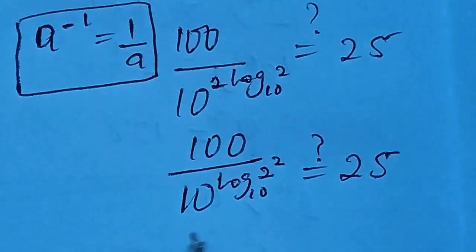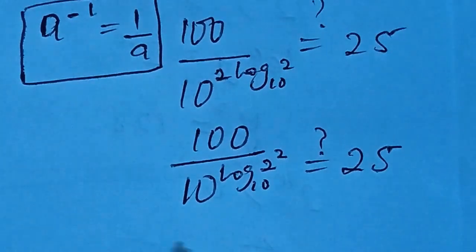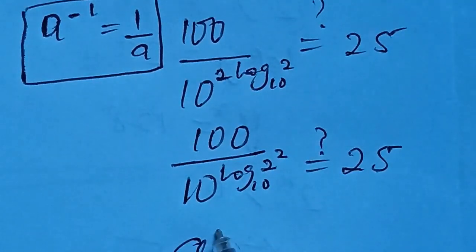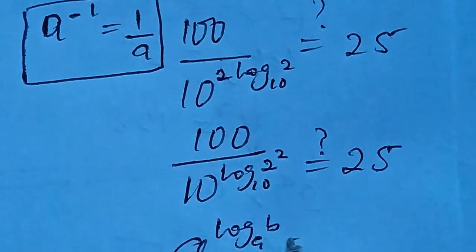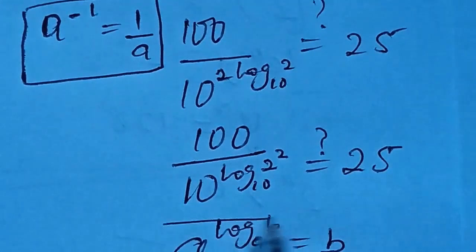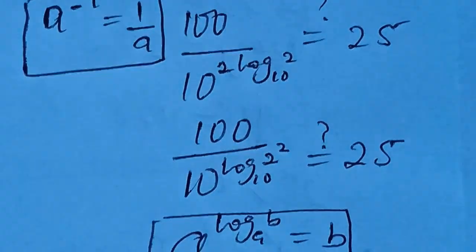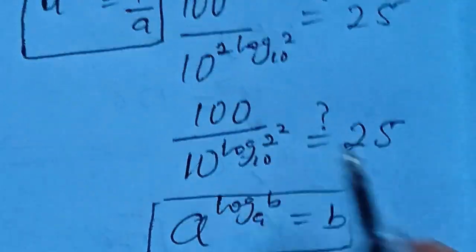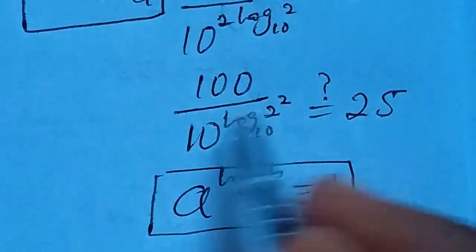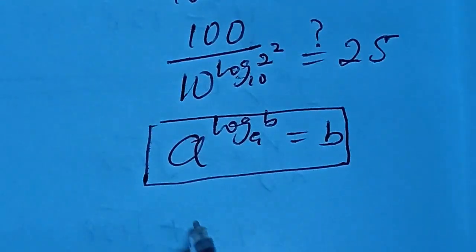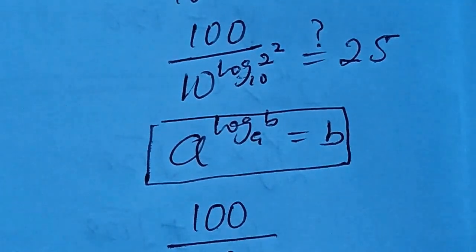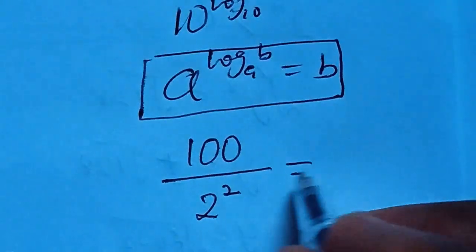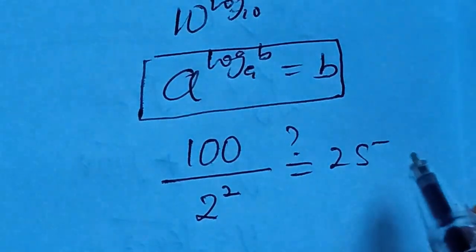Okay, now considering our earlier identity, a to the power of log base a of b, which is written as b, will now be used to simplify the denominator over here. So using this identity, we can now write the next step as 100 over 2 to the power of 2. Will that be equal to 25?